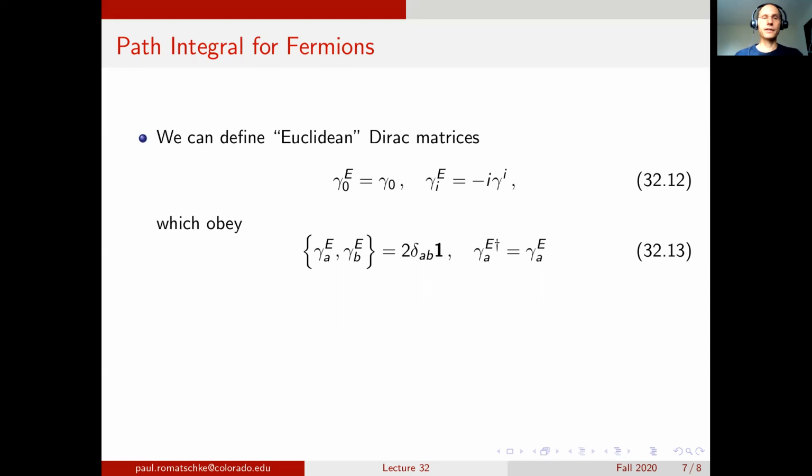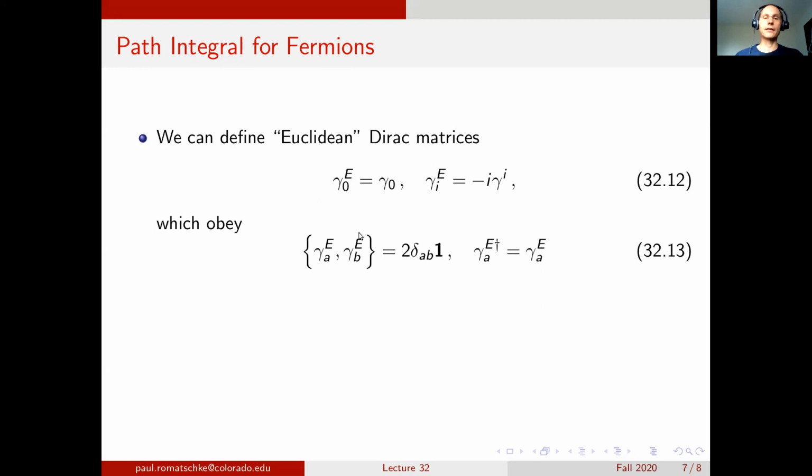Some more definitions. We can define the Euclidean Dirac matrices in the following form. We're going to use the label E for Euclidean, and we're going to define them such that gamma 0 E is the same as the Minkowski gamma 0 matrix. And the spatial Euclidean gamma matrices are minus i times the Minkowski gamma matrices.